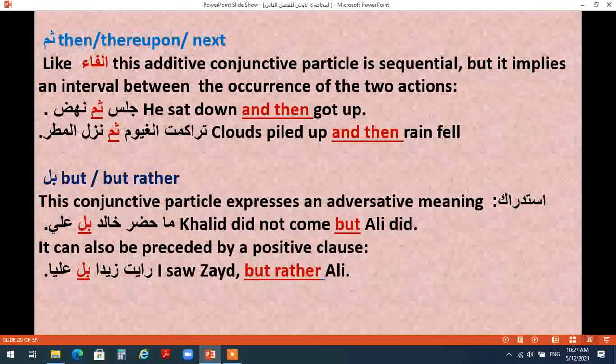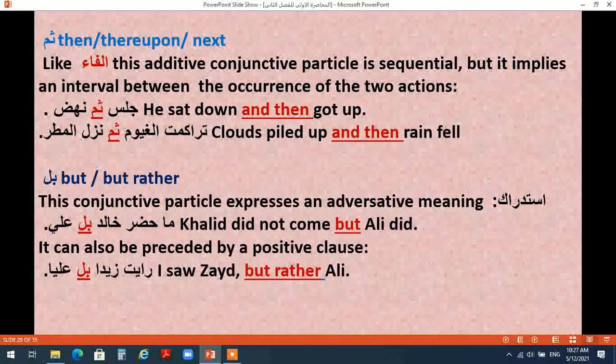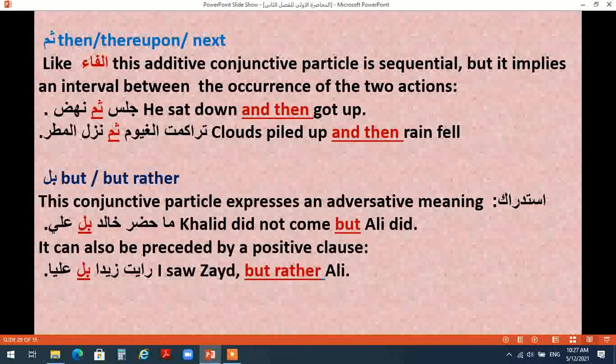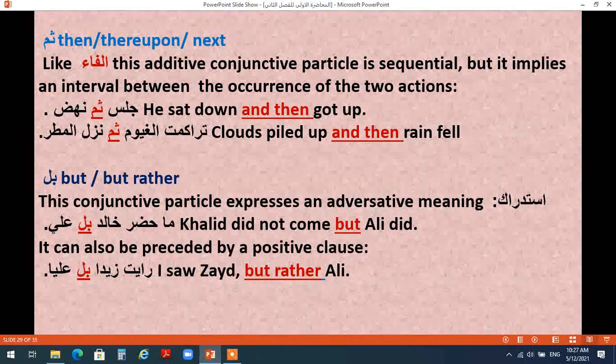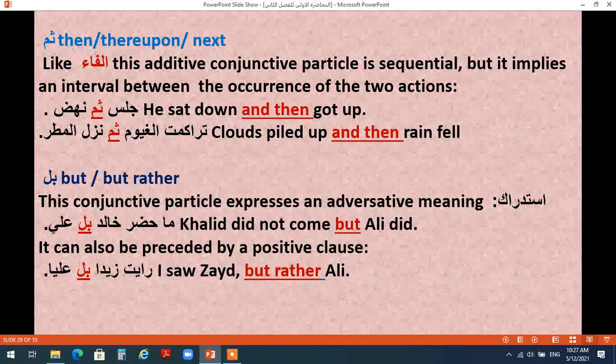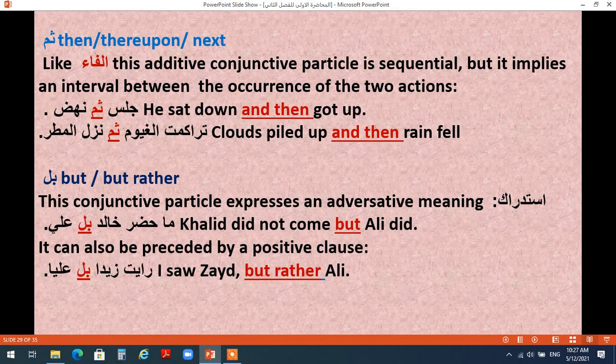أما بالنسبة إلى coordinating conjunction but, it can be translated either into but or but rather. This conjunctive particle expresses an adversative meaning. إذن يدل على معنى الاستدراك. For example ما حضر خالد بل علي. إذن هنا استخدمنا بل للدلالة على وجود نوع من الاستدراك أو معنى استدراكي.